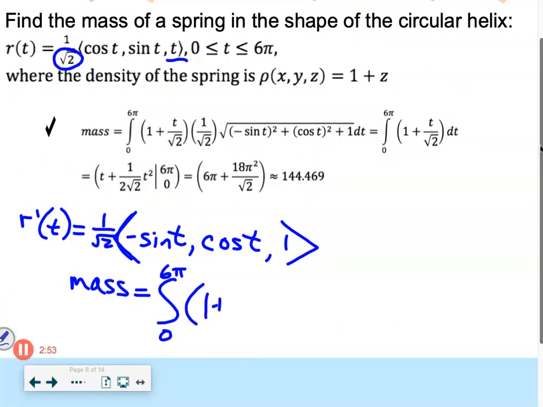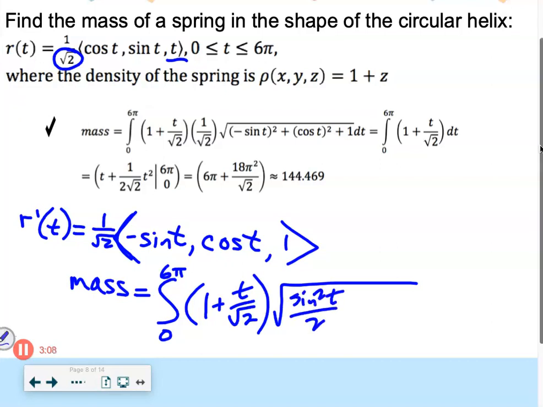So 1 plus t over root 2 times the square root of sine squared t over 2 plus cosine squared t over 2 plus 1 over 2. I just pulled all the 2's out and put a root 2 out front. But that's your setup.